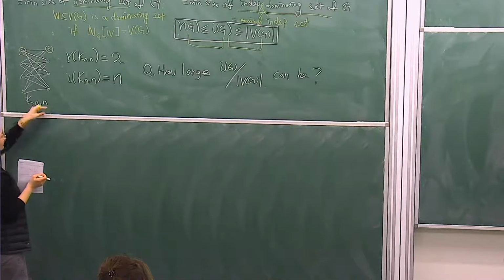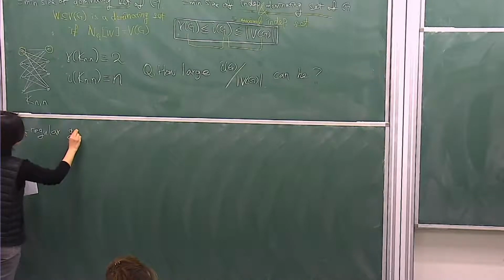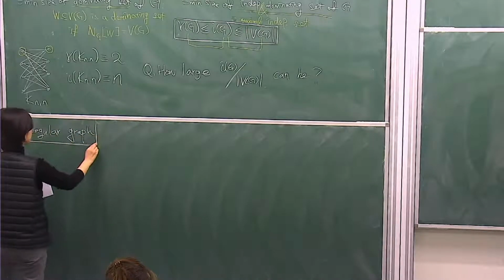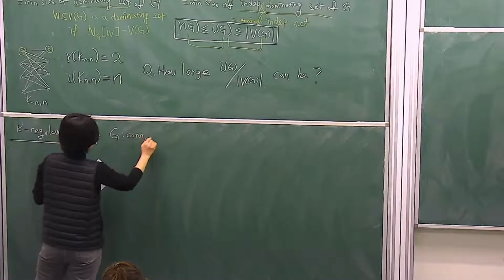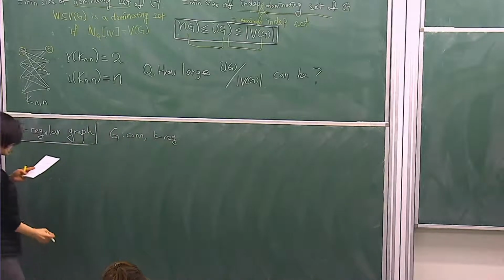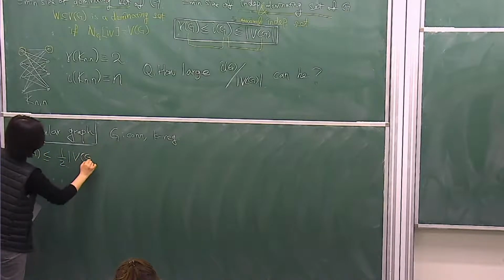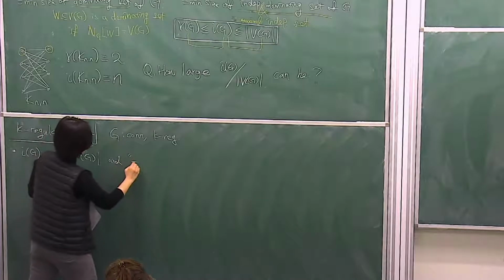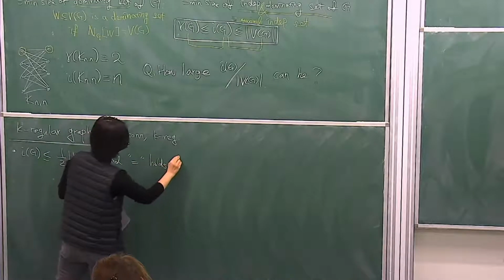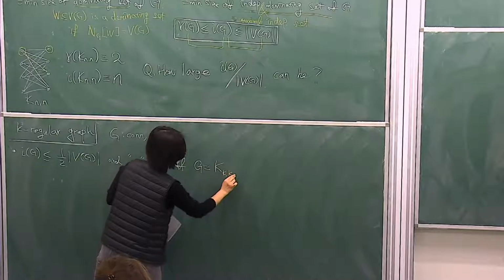So I will first introduce some known results for k-regular graphs. Let's say that G is connected and k-regular. Then what is known is i of G is bounded by half of the number of vertices, and equality holds if and only if the graph is exactly this complete bipartite graph.